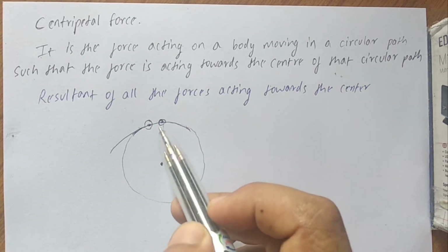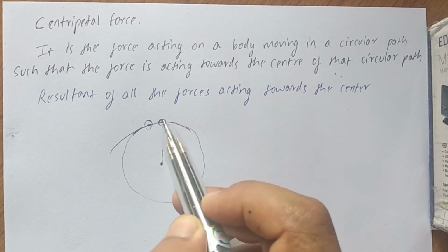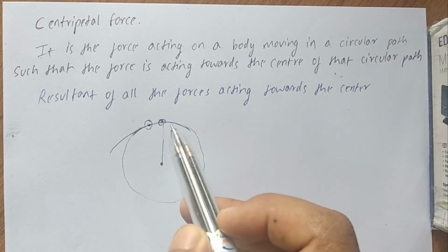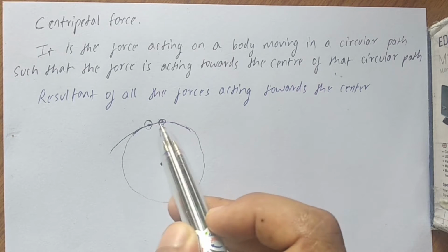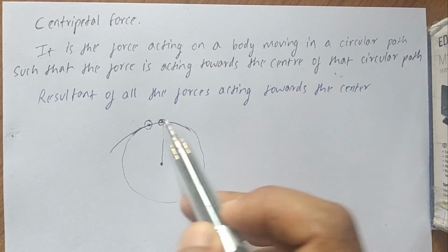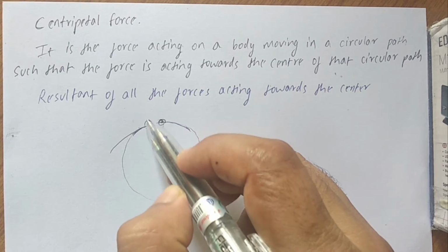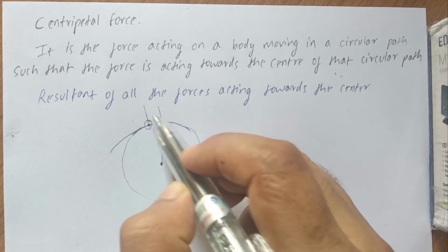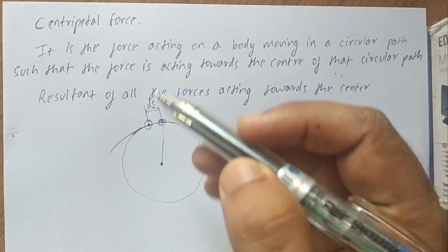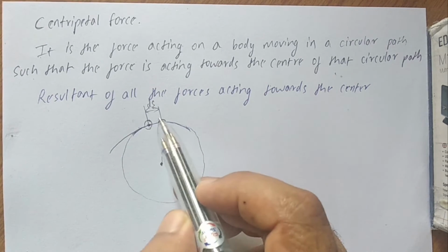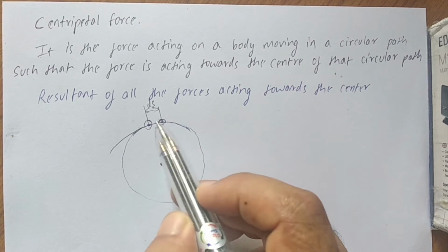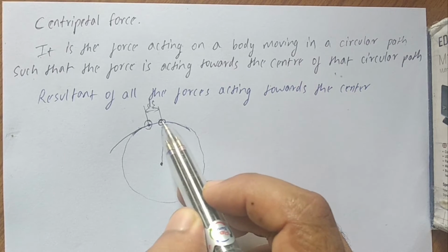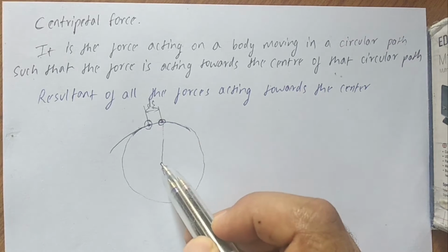What that means is, if this object moving in this circular path has traced a small elemental distance, say for example this is ds at a particular instant, then you can draw a circle that is covering this arc and has a center at this point.